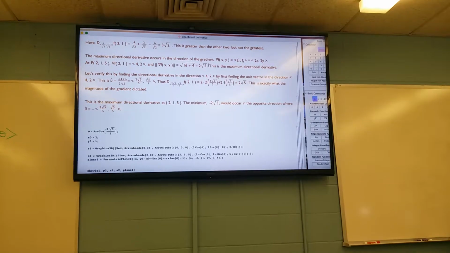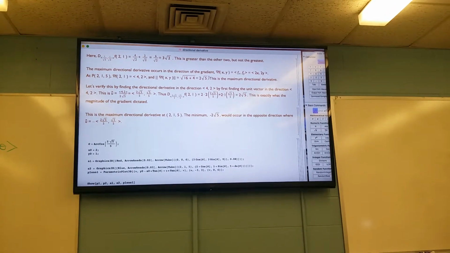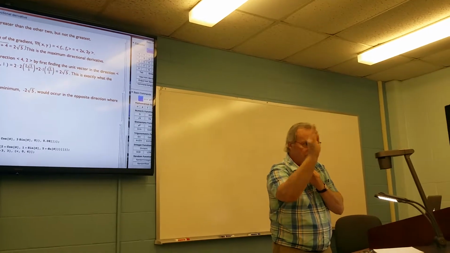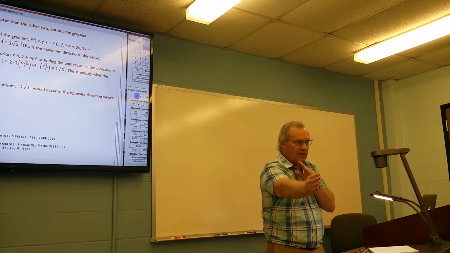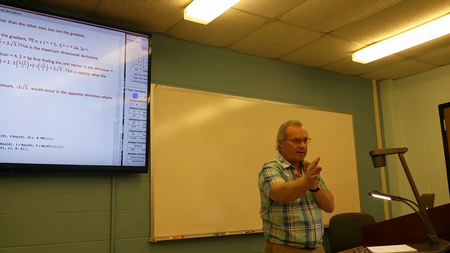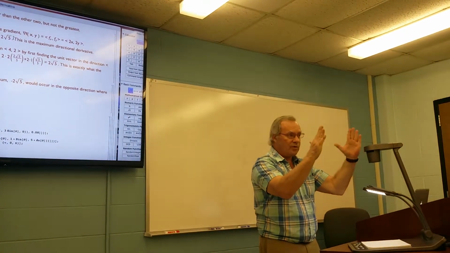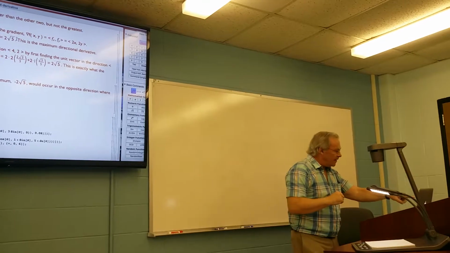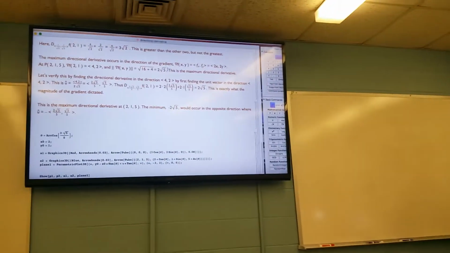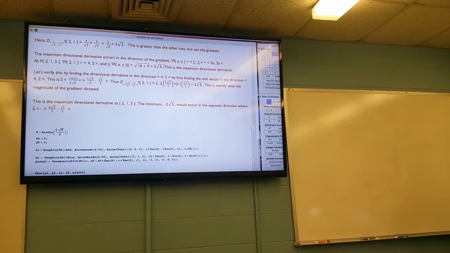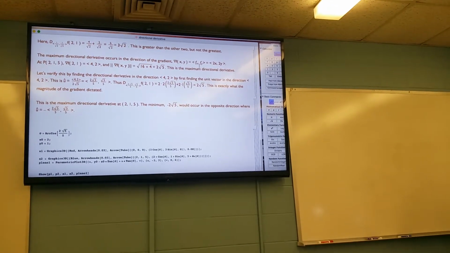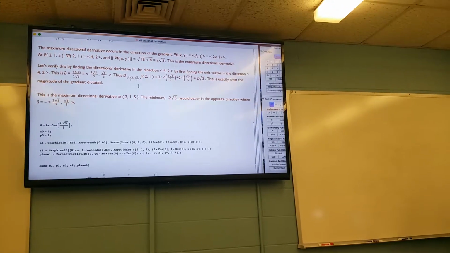The magnitude of the gradient is 2 square roots of 5, and that's important. Not only is it important to make a unit vector, because directional derivatives need unit vectors, but the magnitude of the gradient is telling me what the maximum slope is. That's going to be 2 square roots of 5. That's the maximum slope of all of the tangent lines to that surface at that point. This is the maximum directional derivative.